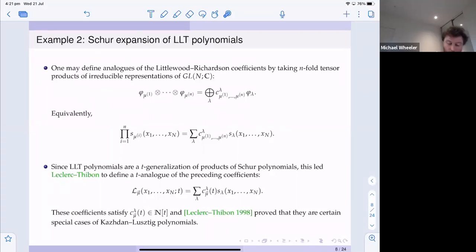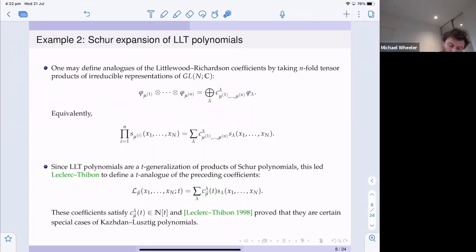The observation is that here I have a product of Schur polynomials, and as we have already seen, the LLT polynomials are a t-generalization of products of Schur polynomials. So if I replace the left-hand side by an LLT polynomial, I can define a t-analog of the coefficients, which are going to be these things.